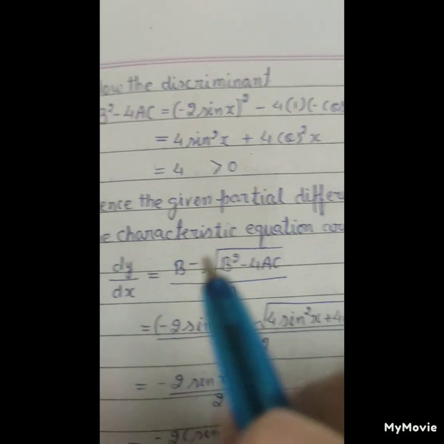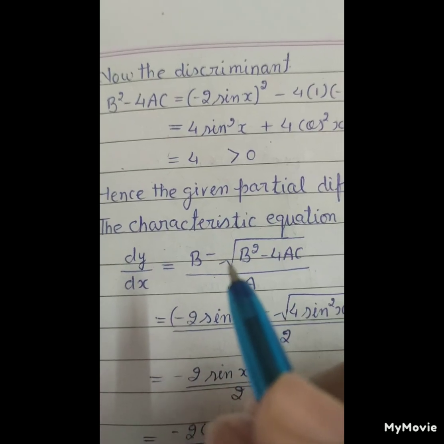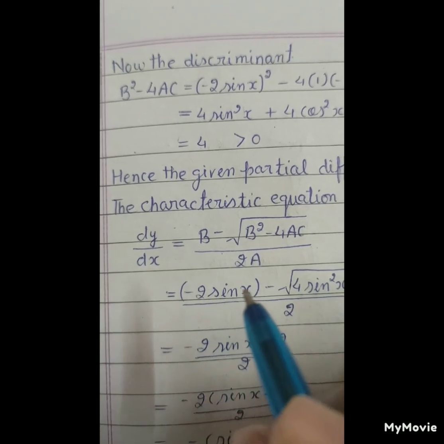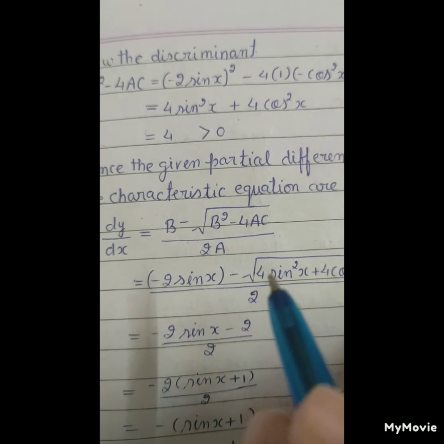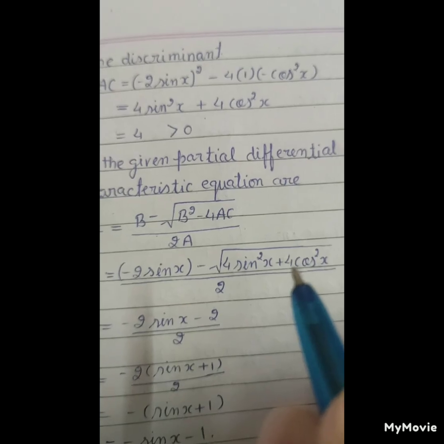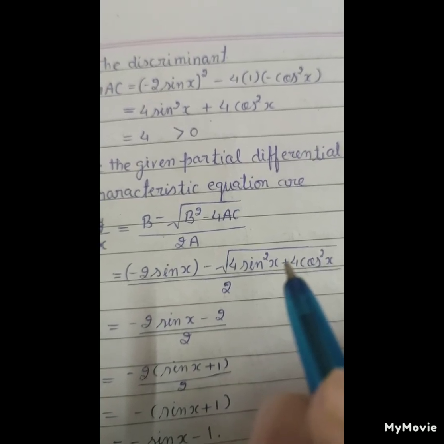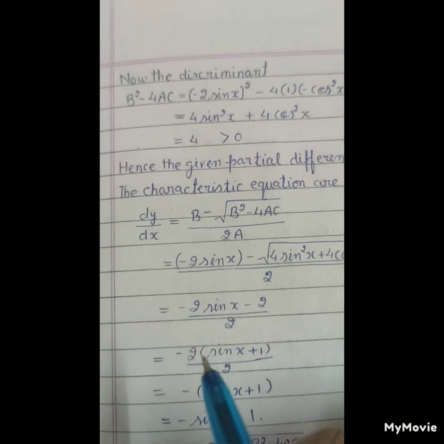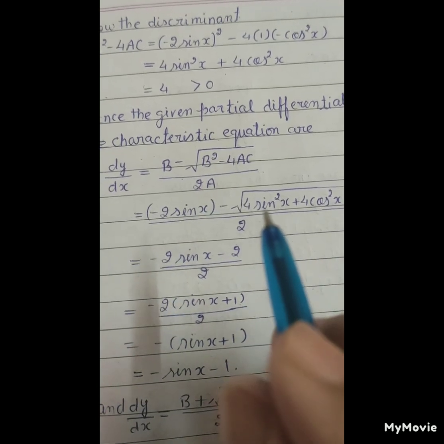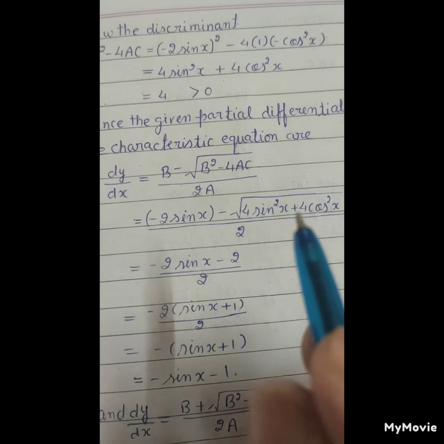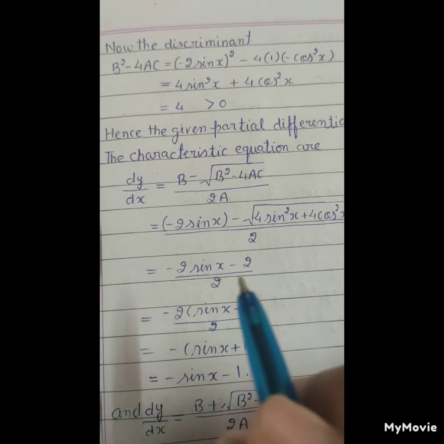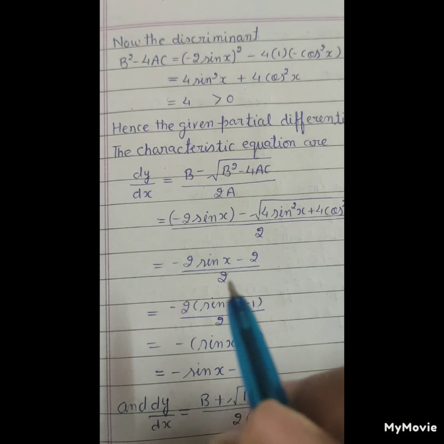The characteristic equations are dy/dx = (b - √(b² - 4ac))/2a = (-2 sin x - √(4 sin²x + 4 cos²x))/2. Taking 4 common, sin²x + cos²x = 1, so the square root of 4 is 2. So this is (-2 sin x - 2)/2.